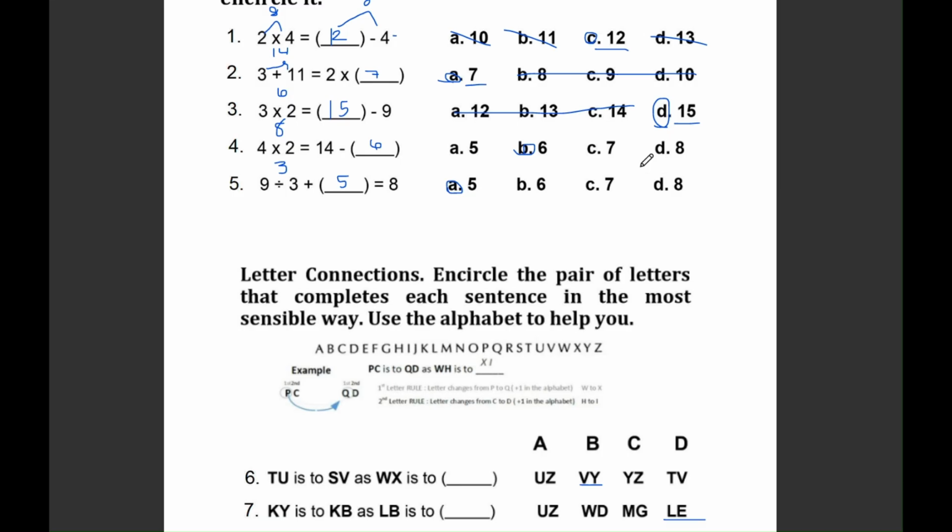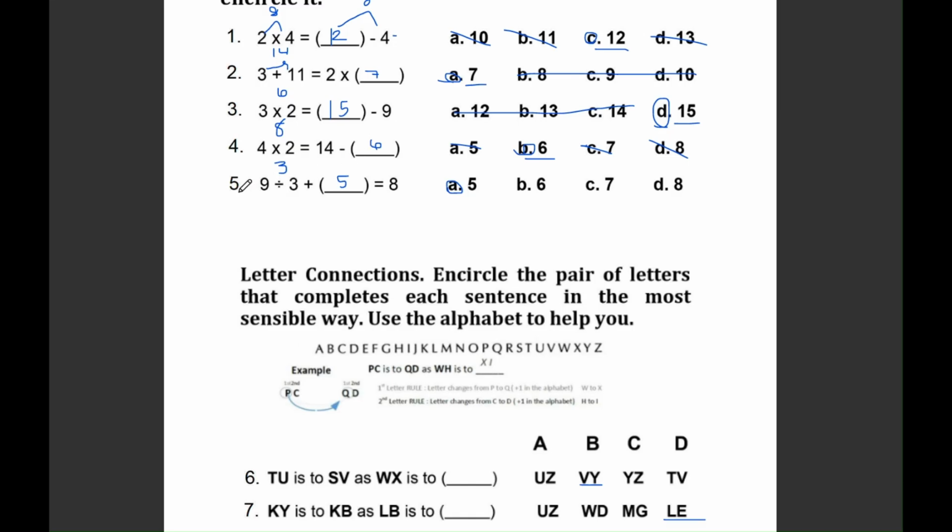Why not? 14 minus 5 equals 9. 14 minus 7 equals 7. 14 minus 8 equals 6, not 8. Answer: B. 6. Formula: blank equals 14 minus 4 times 2 equals 14 minus 8 equals 6.